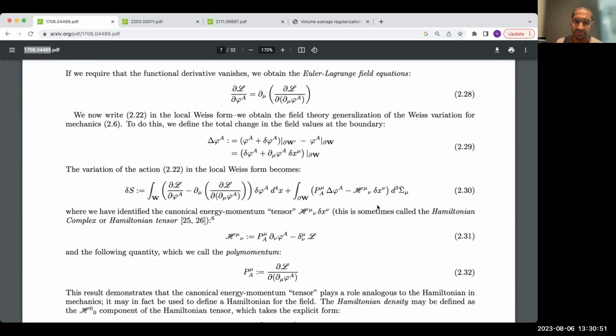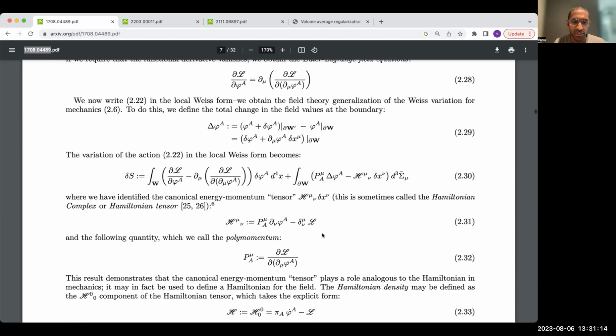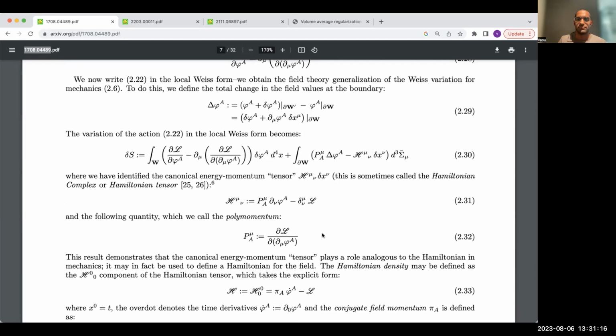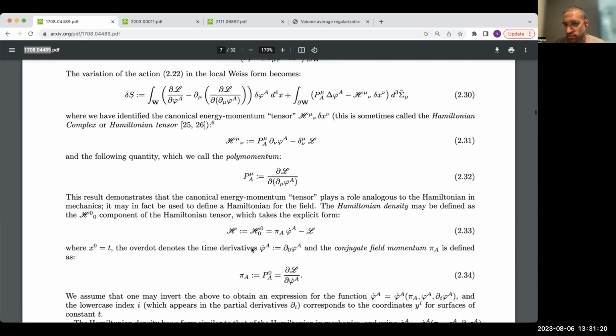Okay, so in their definitions, basically you have this P mu A, which is like the momentum, except that they call it the Pauli momentum because it doesn't just involve the derivative of the Lagrangian with respect to the field velocity, but the general derivative of the field along any direction. And you see that it has this tensorial structure, which when you take the indices to be the zero indices, gives you back the canonical Hamiltonian.